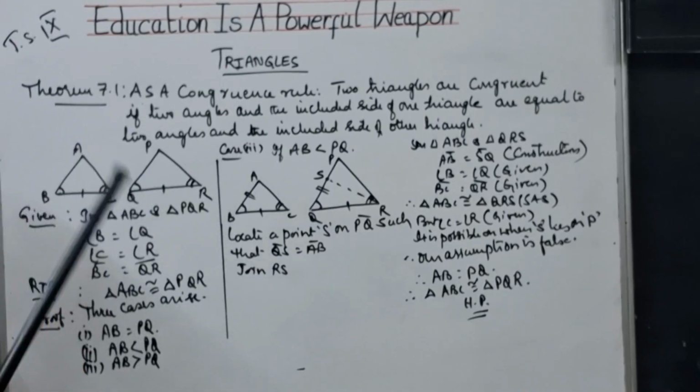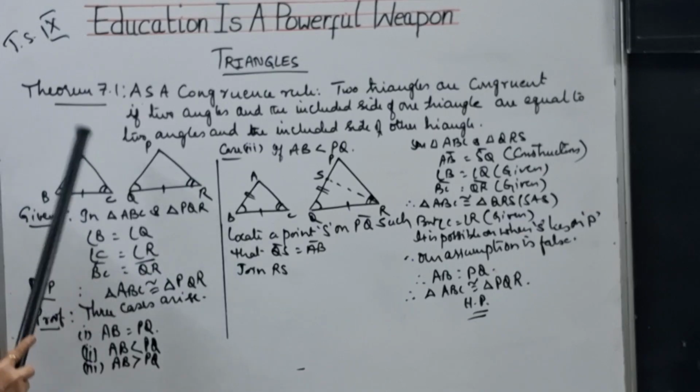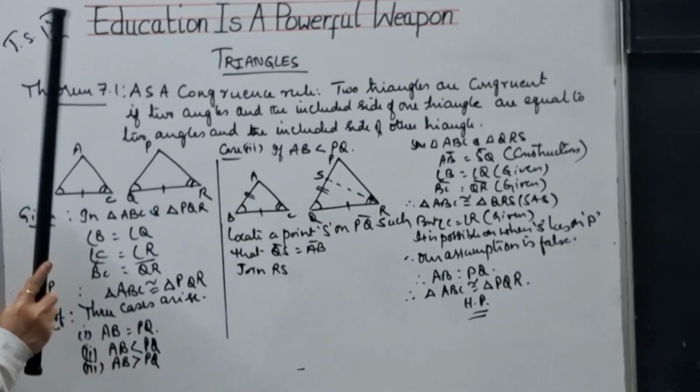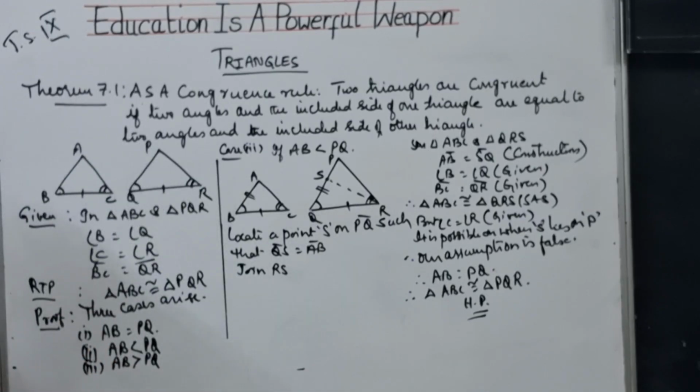In triangle ABC and triangle PQR, angle B is equal to angle Q, angle C is equal to angle R, BC is equal to QR. It is given to us. What we need to prove? Triangle ABC is congruent to triangle PQR. To prove this, you have got three cases. One is AB is equal to PQ, another one is AB is less than PQ, and another one is AB is greater than PQ.